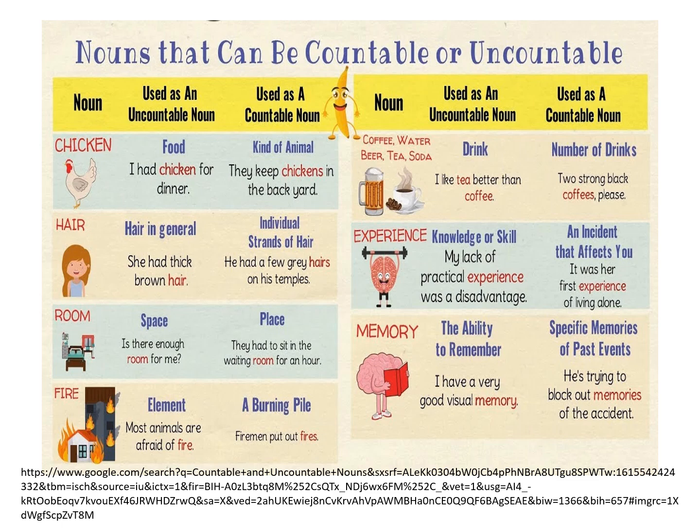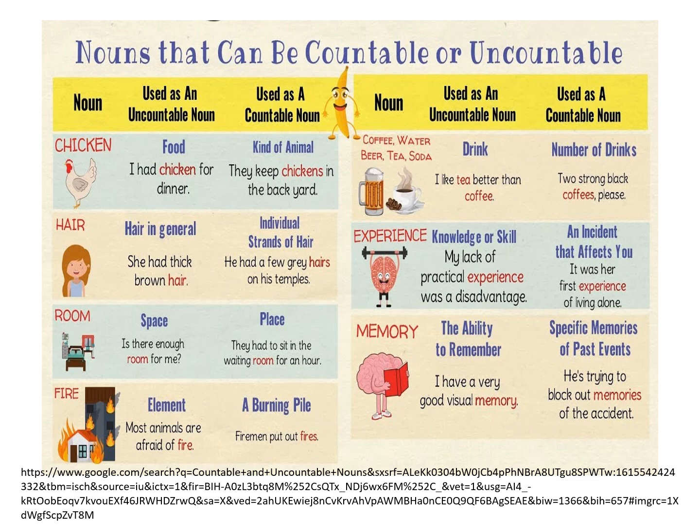As you can see here, there are nouns that can be used as countable or uncountable nouns. It depends on the meaning, the use, the context of the sentence. So you have to be aware of this point. Chicken, hair, room, fire, coffee, water, soup, tea, exercise, memory.